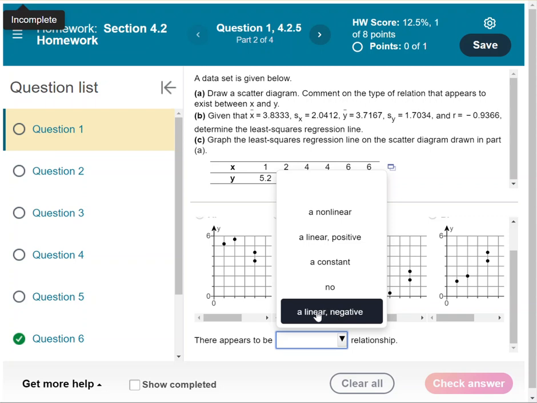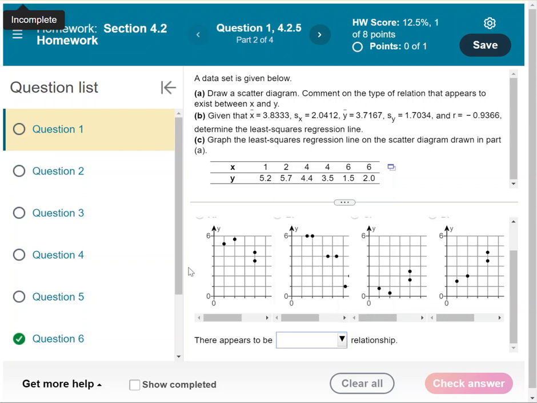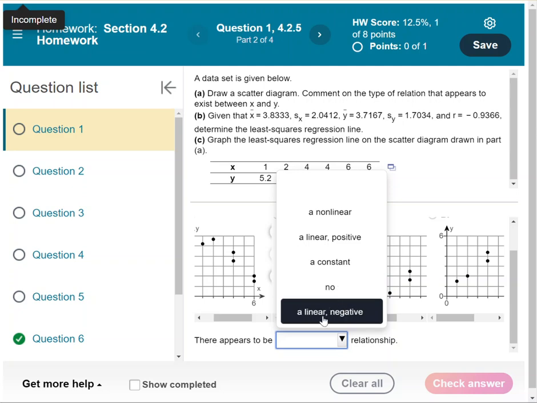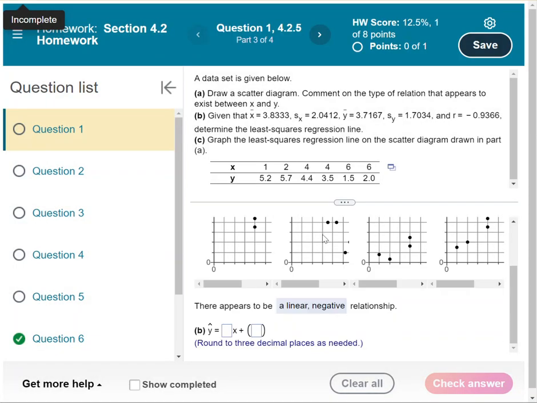Well, I tend to think this is, we don't have a whole lot of points here, but let's see, we're missing a point here, we just can't see it, that's what it is. So we do have a linear relationship here. I was starting to worry there. And it is negative. So let's go on to the next part.